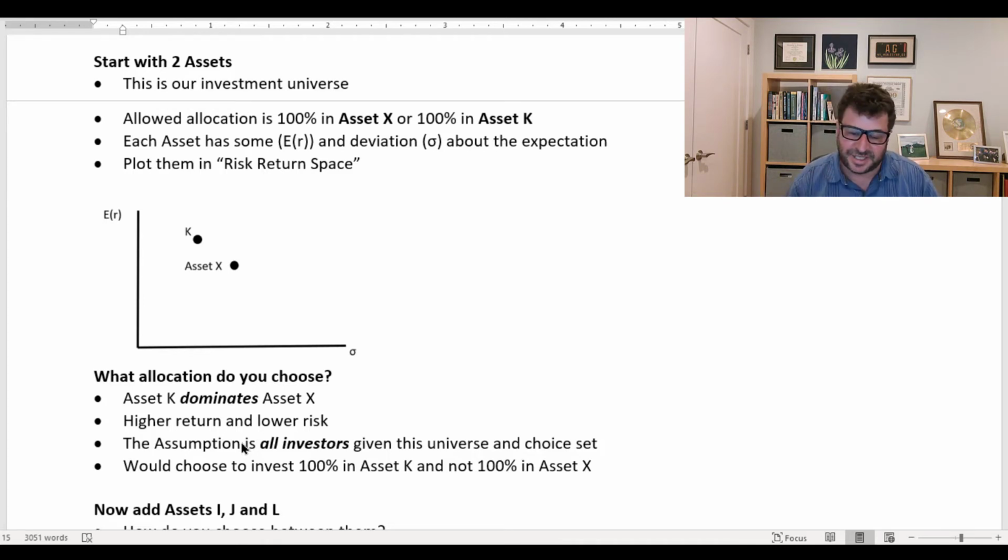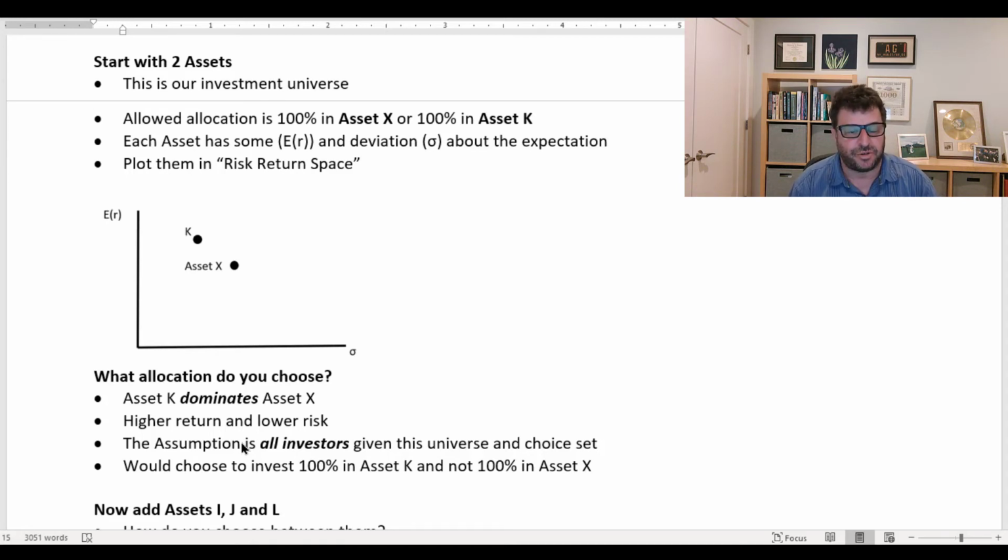One is that they have information: they know the expected return and deviation about that expectation, or risk, for each asset. So they have the full information set here, which is return and risk for each of the 2 assets, and that they're going to act rationally.